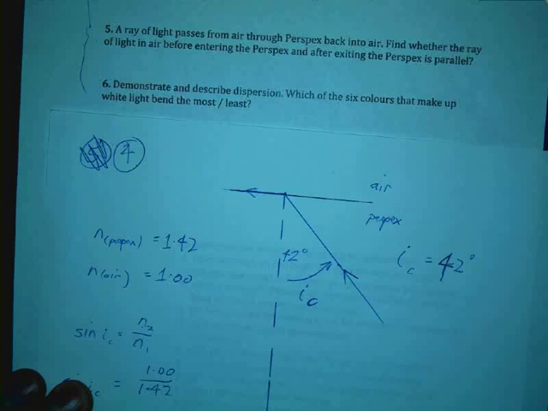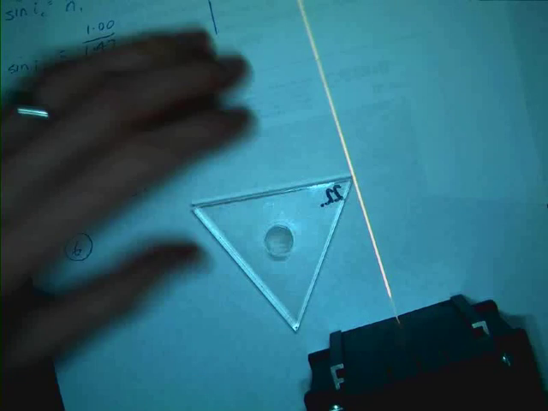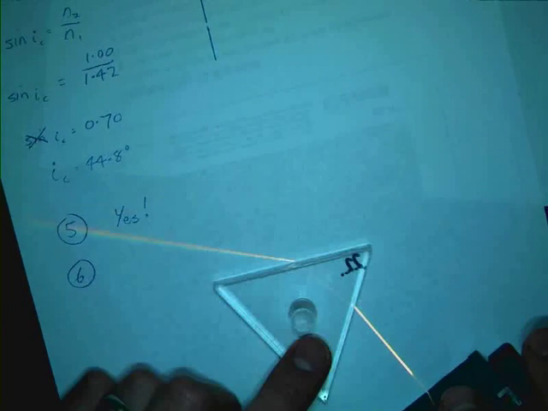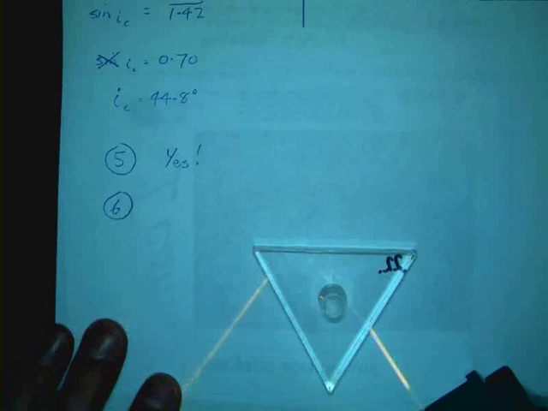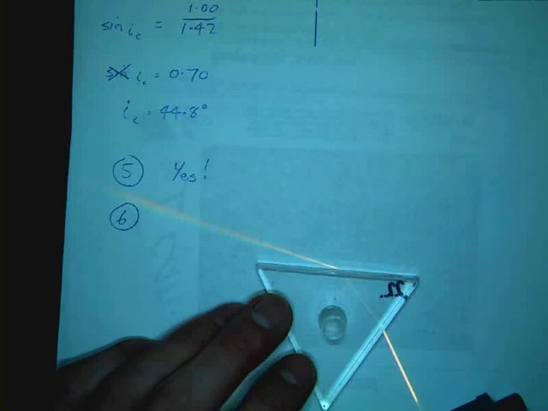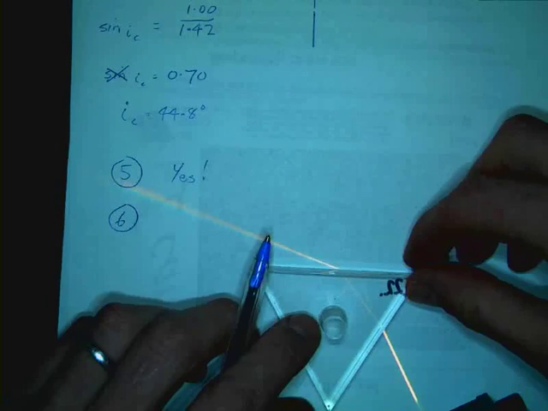Demonstrate and describe dispersion. Which of the 6 colours that make up white light bend the most and the least? Dispersion. Alright, well, when we're looking for the critical angle, we already were able to see a bit of dispersion. And that's that there. We can see a breakup of colours.